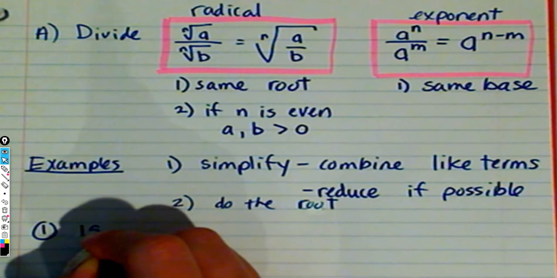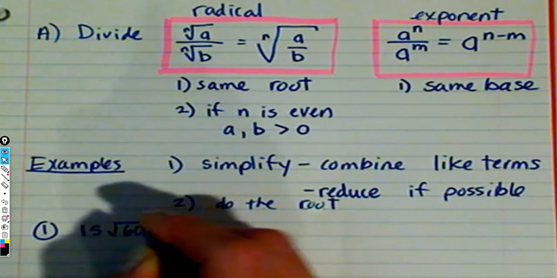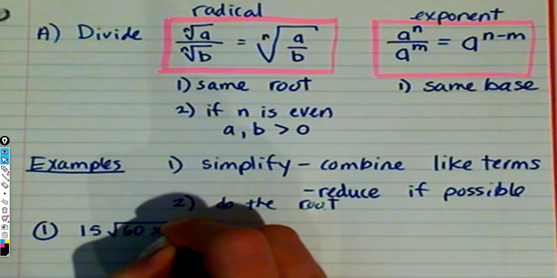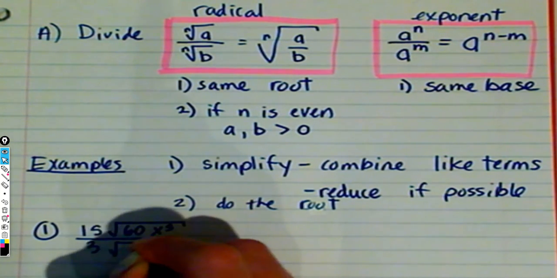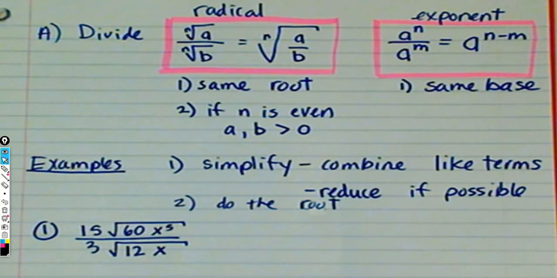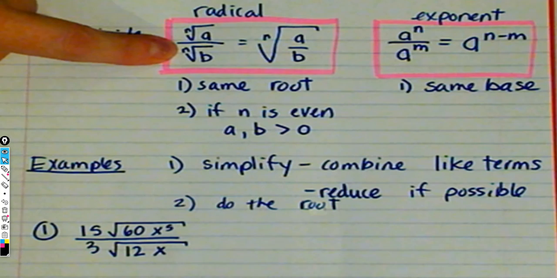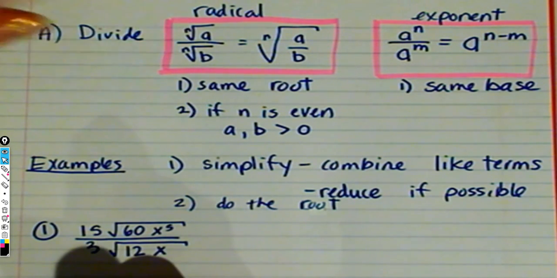So I'm going to say 15 square root 60 x to the 5th over 3 root 12x. And right here, I can put my root together because I notice they're both square roots.